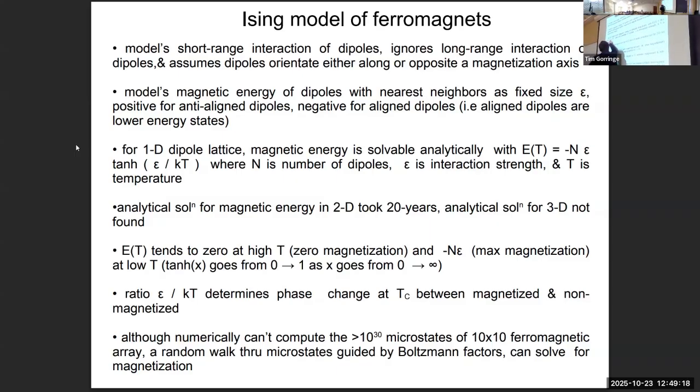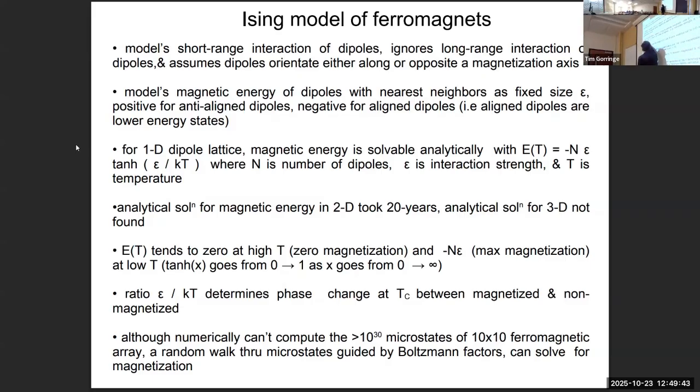And the argument of the hyperbolic tangent function is a ratio of two energies. It's a ratio of the magnetic interaction energy between a pair of dipoles, that's the epsilon in the numerator, and the characteristic thermal energy of the system, that's the kT in the denominator.